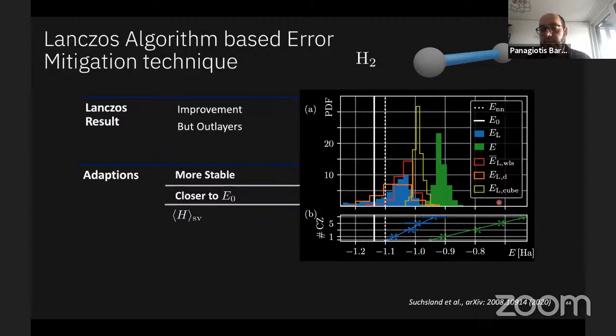Whereas for the case where we do not use the Lanczos error mitigation technique, we do not get such good results for the 4 qubit system. Clearly we have a more stable solution, closer to the exact solution, by using this technique.